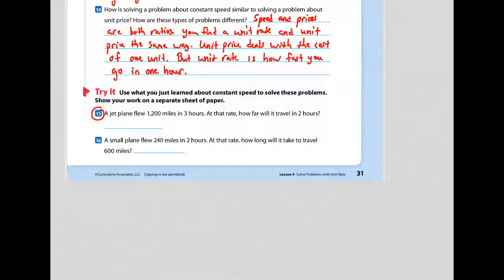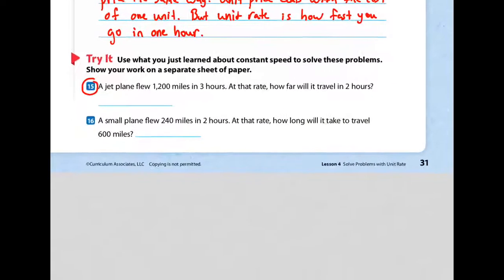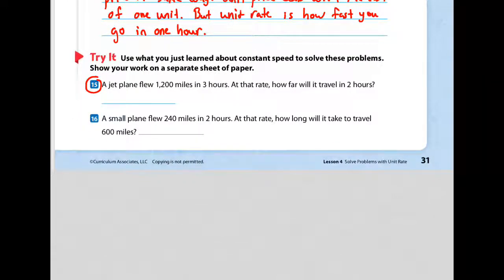Okay. So, in 15, here's what it says. A jet plane flew 1,200 miles in 3 hours. How far will it travel in 2 hours? How I solve this might be totally different than how you solve this, but this is what I'm going to do. I know 1,200 miles in 3 hours. I'm going to kind of think of a number line here.